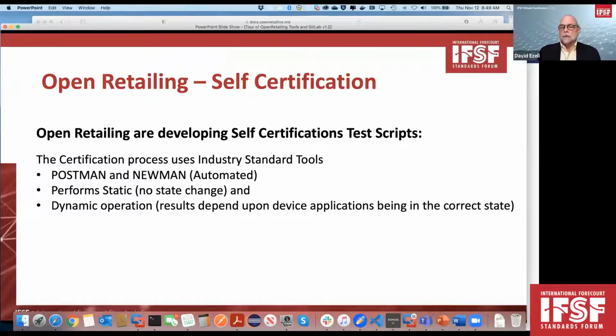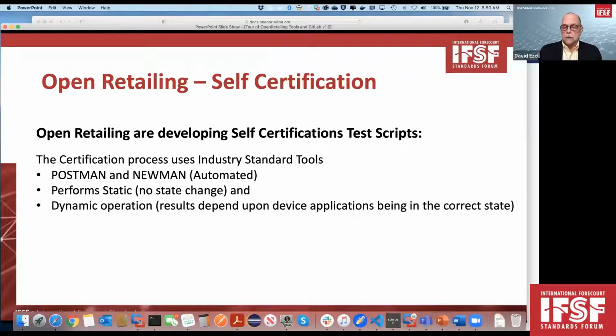And we allow the ability to certify either the client end, sometimes called the API consumer, or the service end, sometimes referred to as the API service provider. And we have entry points that will connect to either of these. So if you're creating an FDC and you want to get a certification, we can do that. And if you are creating a site system and you want to get it certified to control an FDC, you can do that too.